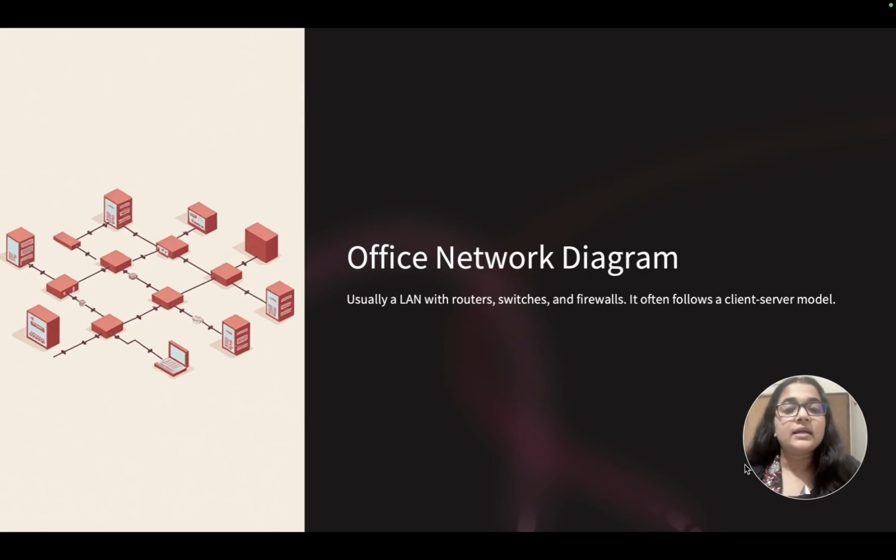Office network diagram. Let's bring it all together with a typical office network. The router connects to the internet. Traffic immediately hits the firewall, which filters it. The clean traffic passes to the core switch, which connects all the wired devices, desktops, servers, and other switches.